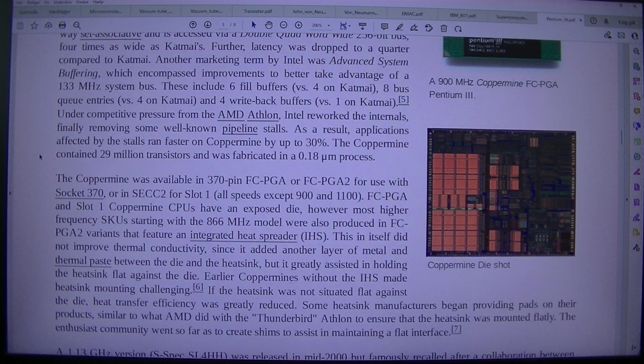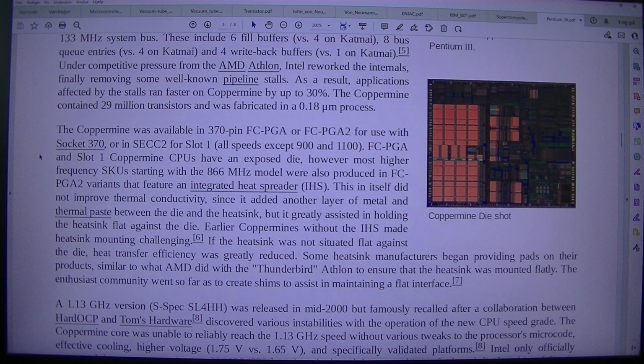Under competitive pressure from the AMD Athlon, Intel reworked the internals, finally removing some well-known pipeline stalls. As a result, applications affected by the stalls ran faster on Coppermine by up to 30%. The Coppermine contained 29 million transistors and was fabricated in a 0.18 micrometer process.